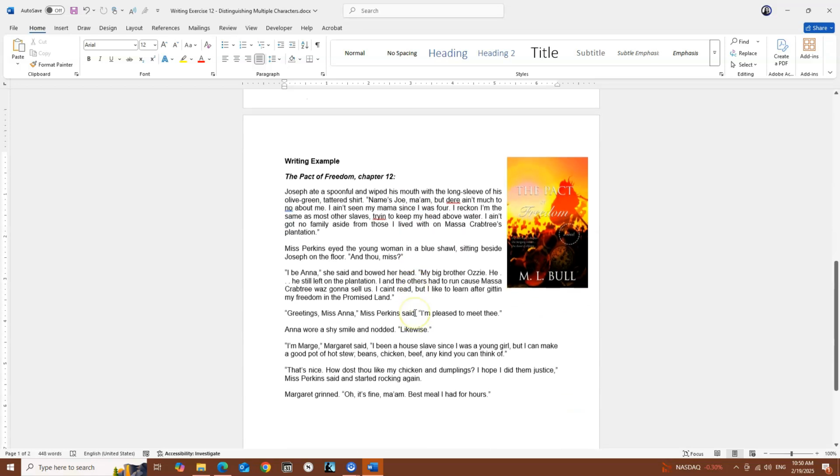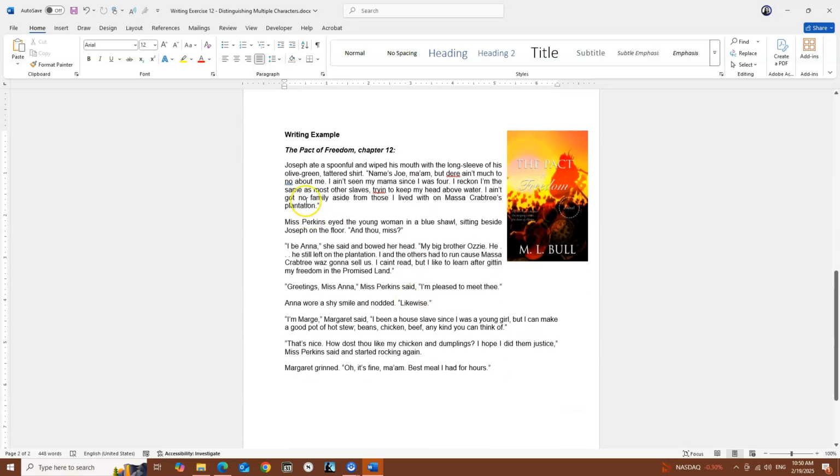Below here, I have pulled in a passage from my novel, The Pack of Freedom, from chapter 12 in the story, when the characters reach the first safe house of Miss Perkins' house, an old, elderly Quaker lady that they stayed with for shelter for the night.